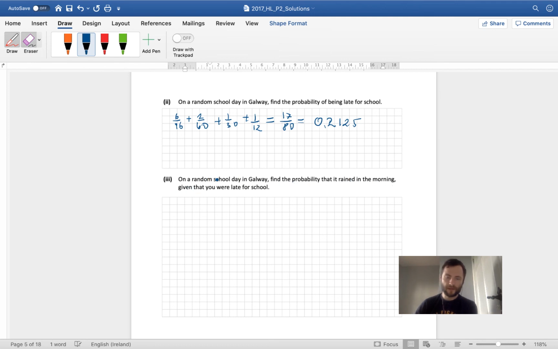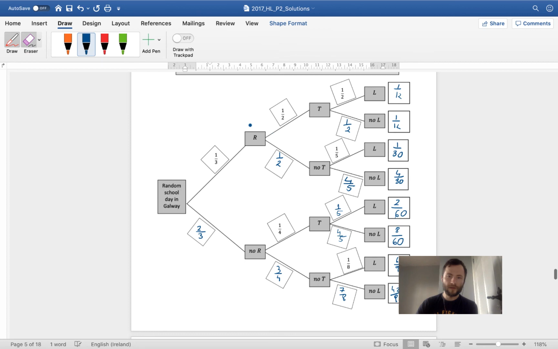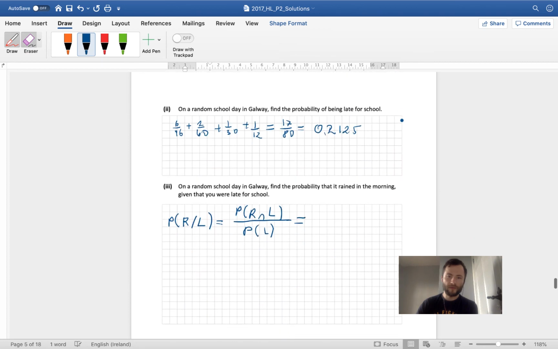Now, on a random school day in Galway, find the probability that it rained in the morning given that we were late to school. So this is conditional probability. The probability that it rained given that I was late is equal to the probability that it rained and I was late over the probability that I was late. The probability that it rained and I was late is the probability on the rain and late days, so 1/30 plus 1/12.